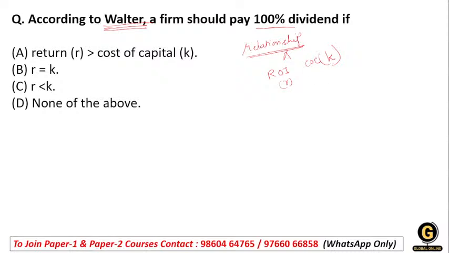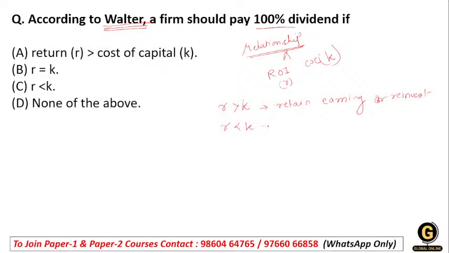Now suppose R, the return on investment, is greater than the cost of capital. In that condition the firm should retain earnings, and either reinvest them. Or suppose the return on investment is less than the cost of capital.